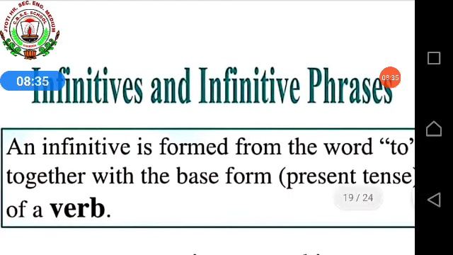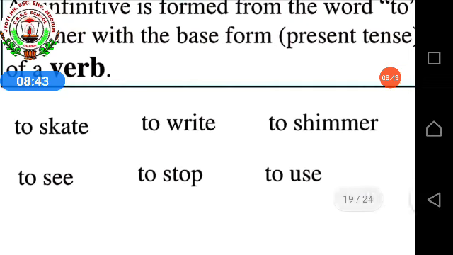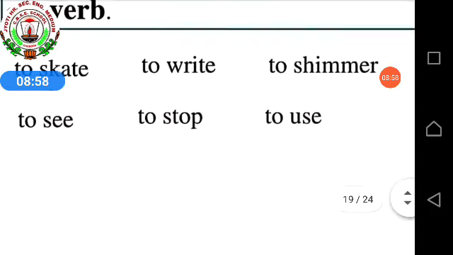An infinitive is formed from the word to together with the base form of a verb. To skate, to see, to write, to stop, to shimmer, to use. All this, skate, see, write, stop, use, shimmer, comes under your verb. That means some action is going on, and when you add to before that, it becomes an infinitive.